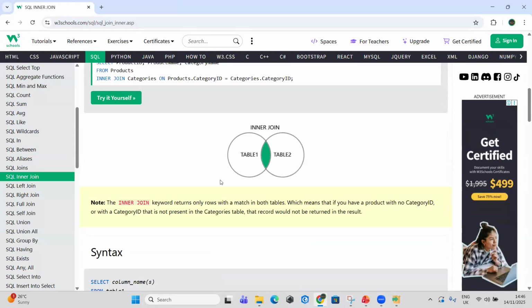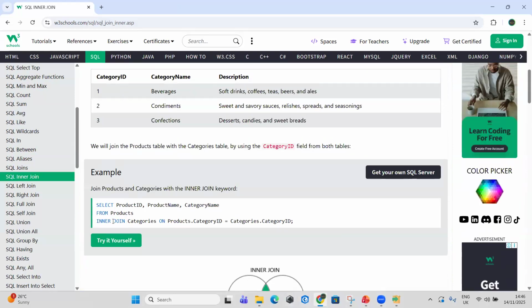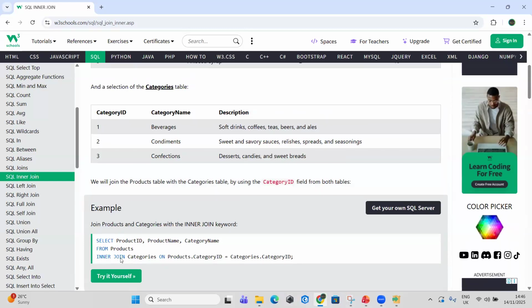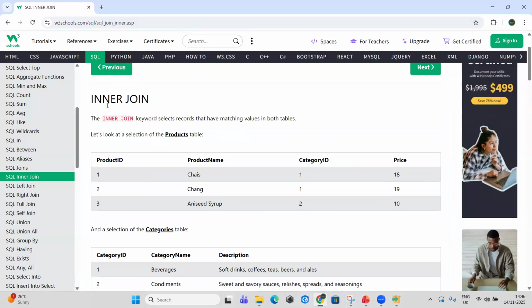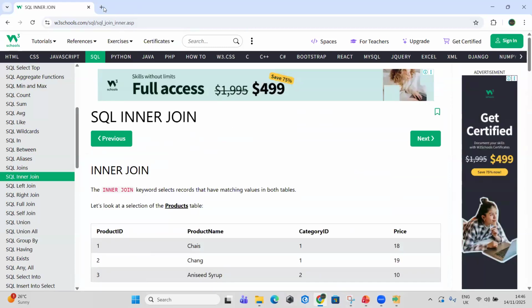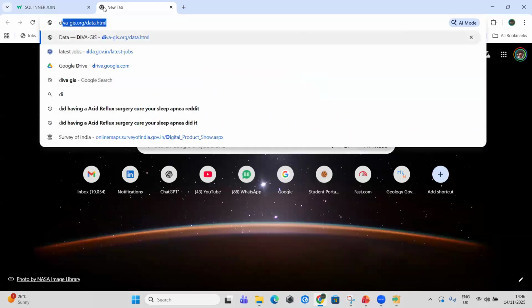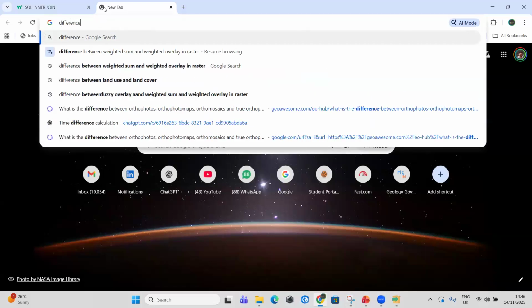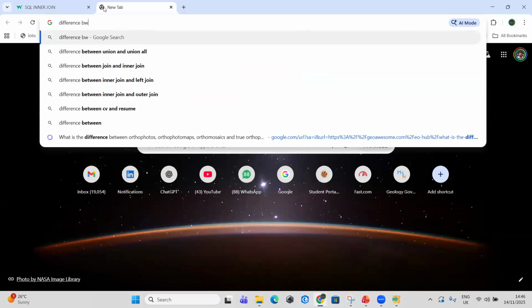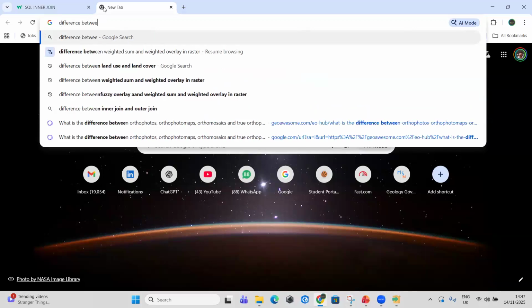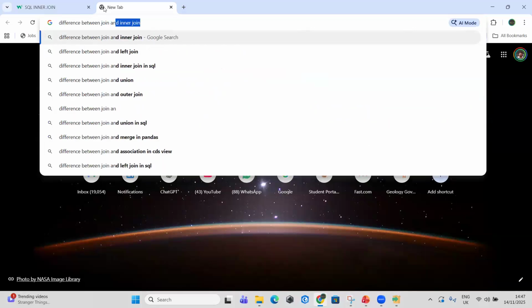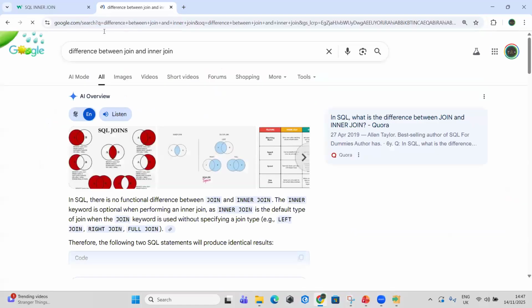So there is one difference between join and inner join. So instead of inner join, what if I just write join?